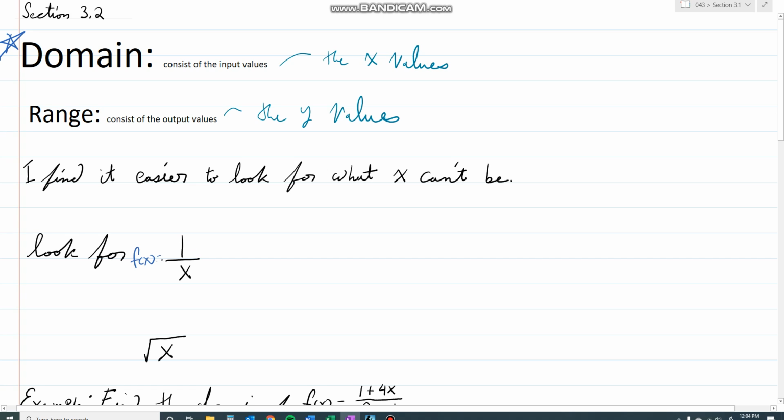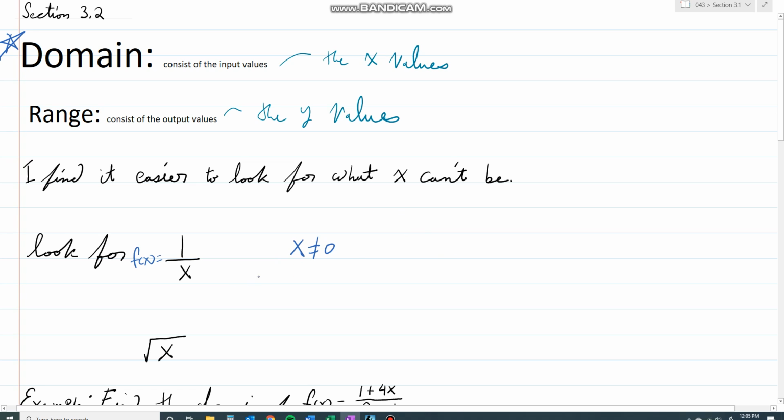Let's look at f of x equals 1 over x. What value of x can x not be? 1 divided by x. What's the one number that x can't be here? X cannot equal 0. All right, so we have to leave that one out.